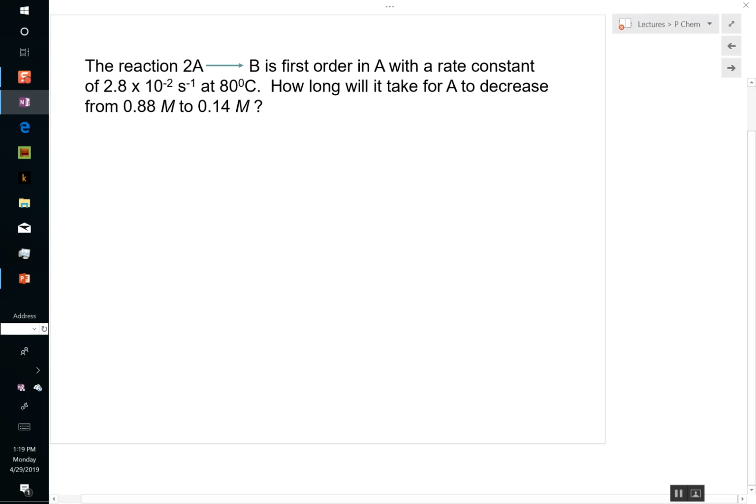Reaction 2A goes to B is first order in A with a rate constant. How long would it take for A to decrease from 0.88 molar to 0.14 molar? Okay, let's do that. How long would it take?